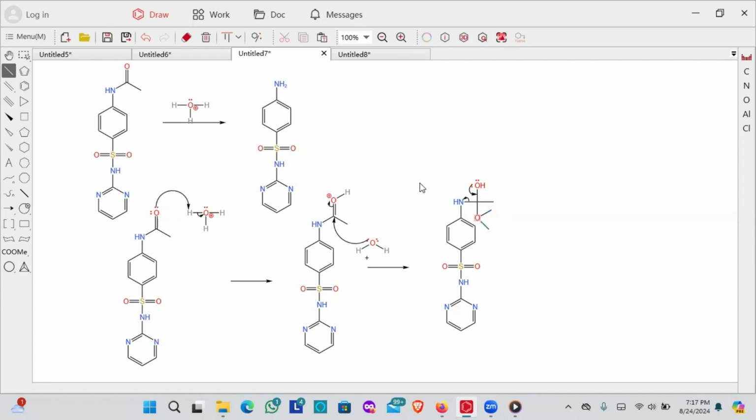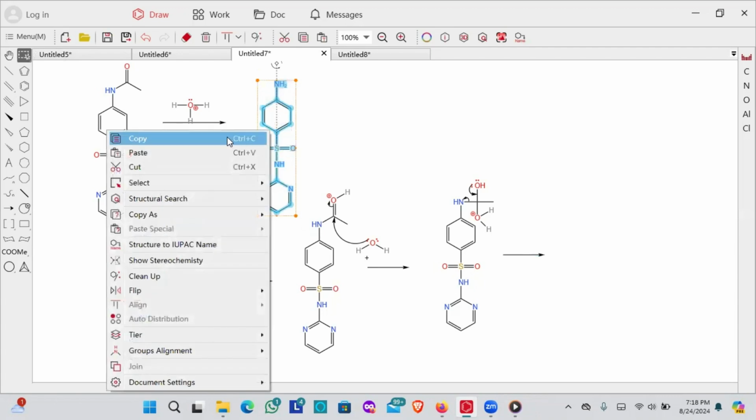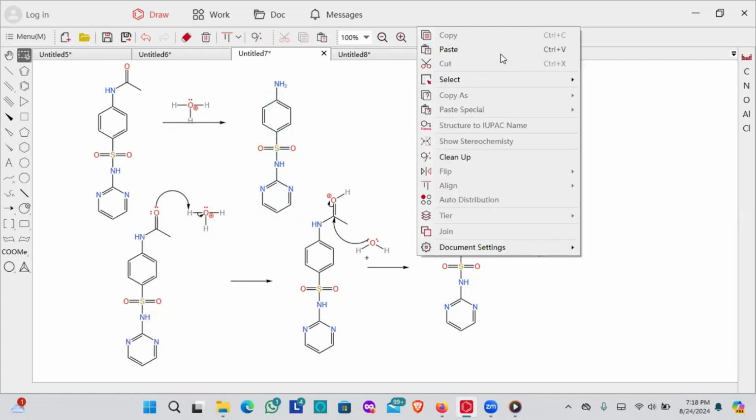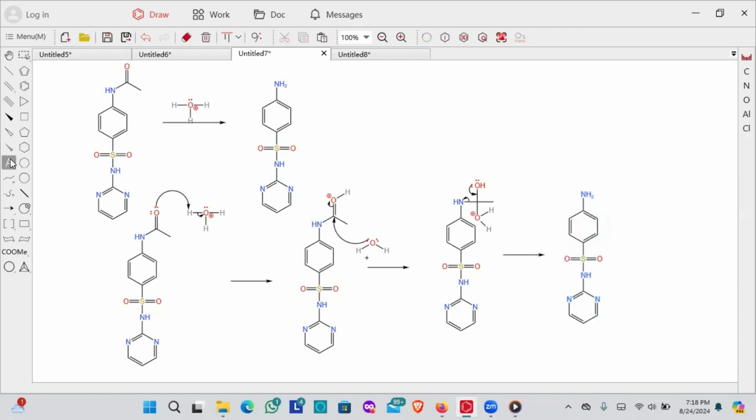Let's just show it. There's a positive charge here. Hydrogen and hydrogen. Okay, let's show the byproduct. Take a copy of this. Let's also add the electron pairs.